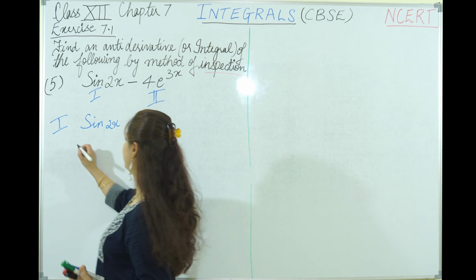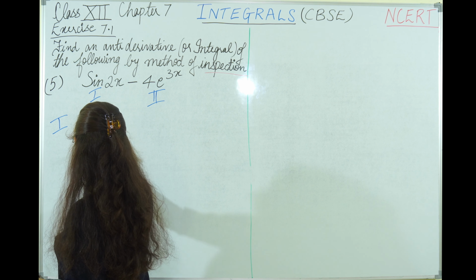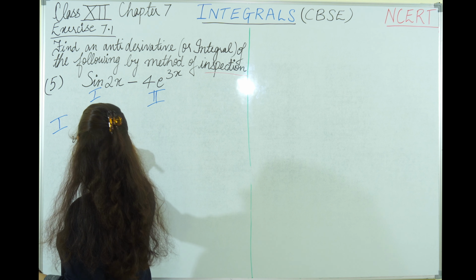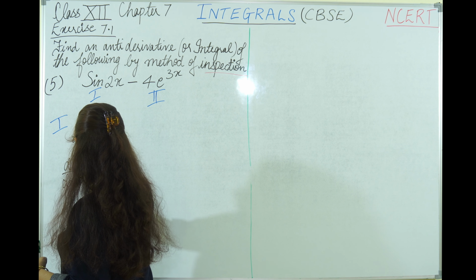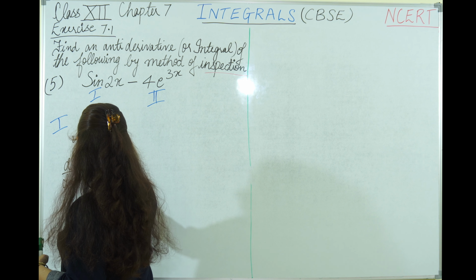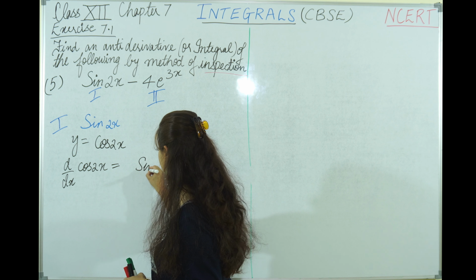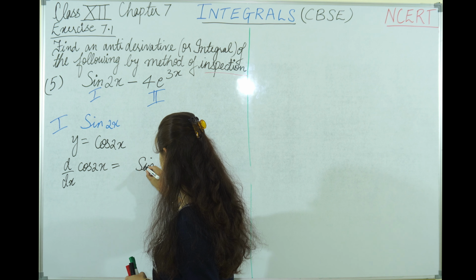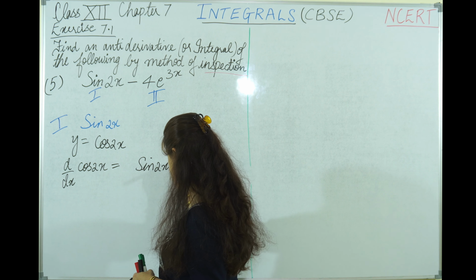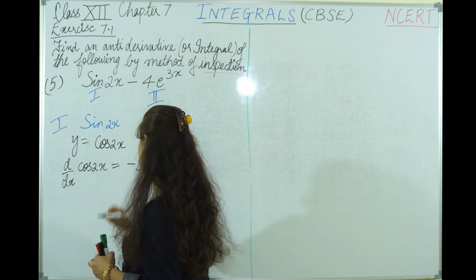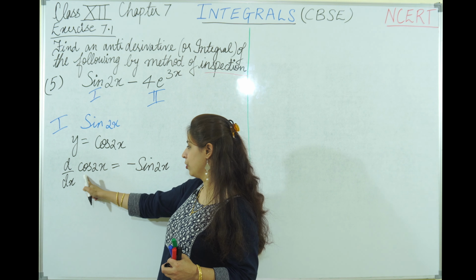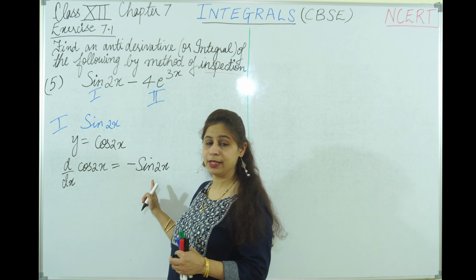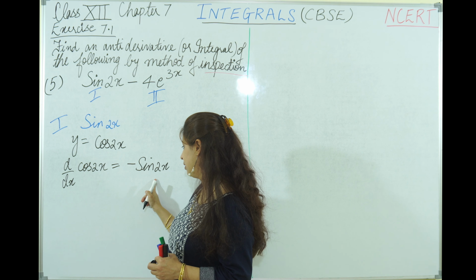If we take the function y equals cos 2x, then d over dx of cos 2x will give us sine 2x, but with the negative sign, because the derivative of cos x is minus sine x.